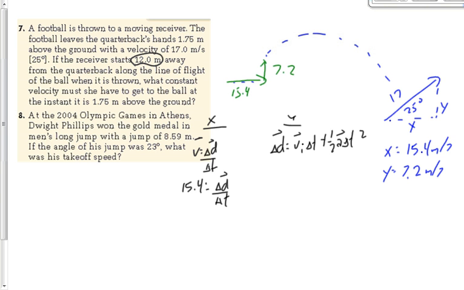We know the vertical displacement is 0 because it lands at the same height it started. The initial vertical velocity is 7.2. Cross off a t. A half of negative 9.81 is negative 4.905.